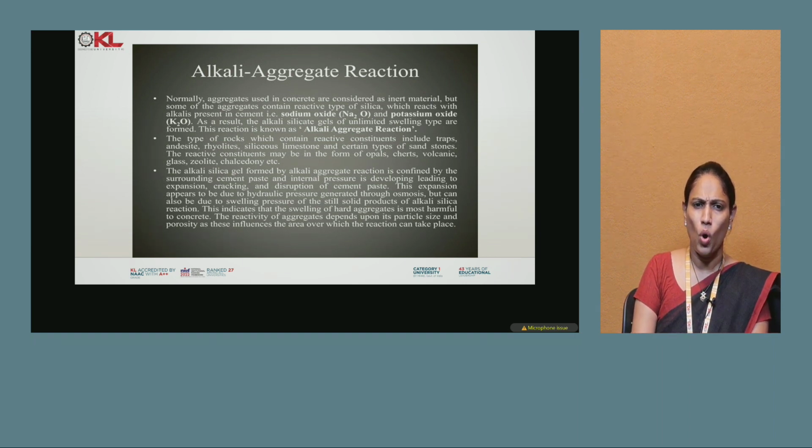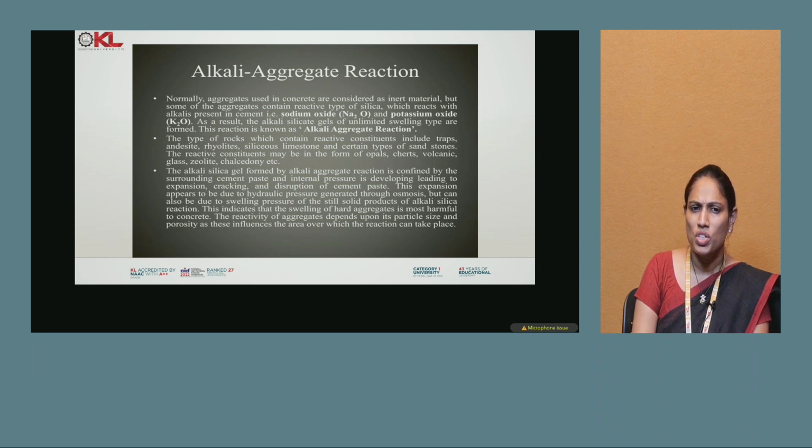The types of rocks which contain reactive constituents include traps, rhyolites and certain types of sandstones. The reactive constituents may be in the form of opal, chert, volcanic glass, zeolite and many others. The alkali silica gel formed by the alkali aggregate reaction is confined by the surrounding cement paste, and internal pressure develops, leading to expansion, cracking and disruption of the cement paste.